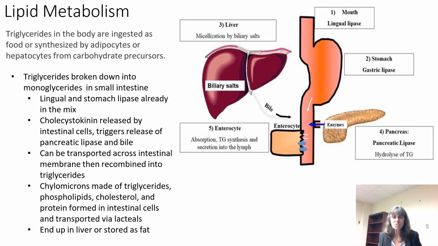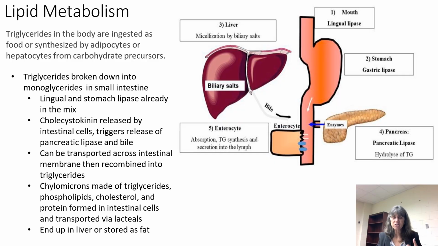We can break them down into smaller parts, and those can be transported across the intestinal membrane, so into the simple columnar epithelium. And once it's in there, remember that the intestinal cells will produce molecules known as chylomicrons.